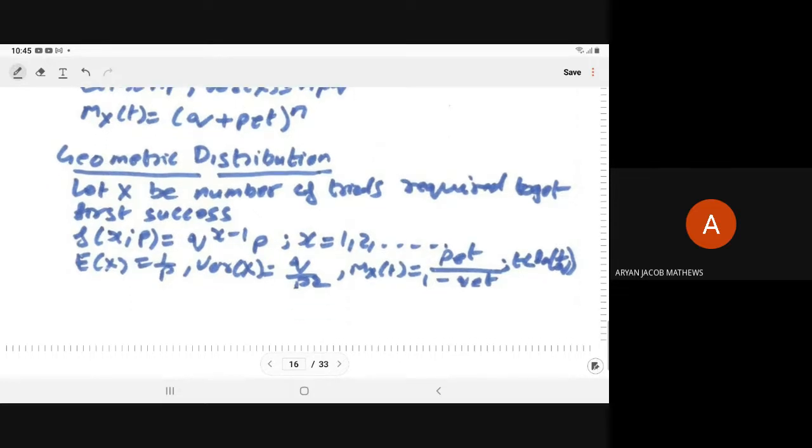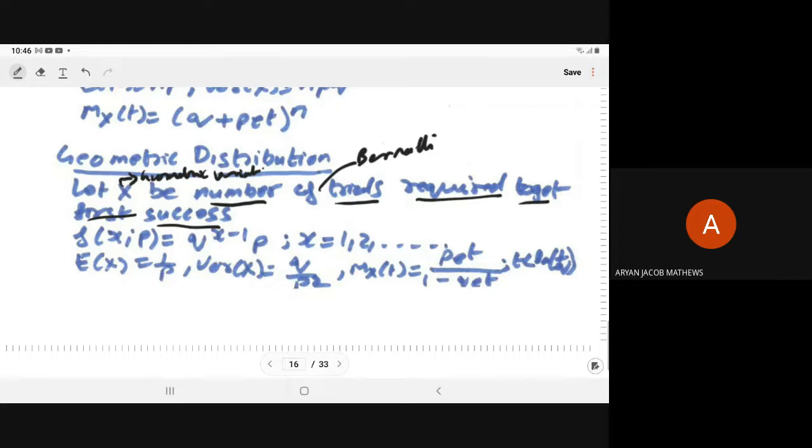Now the geometric distribution. Here X is the geometric variate, and it represents the number of Bernoulli trials required to get the first success.